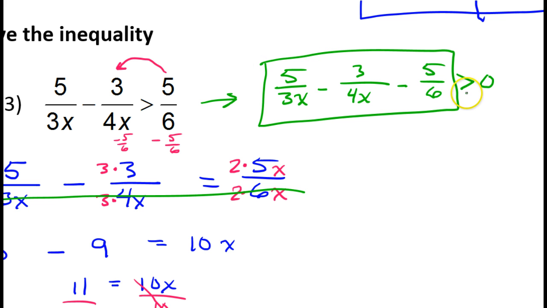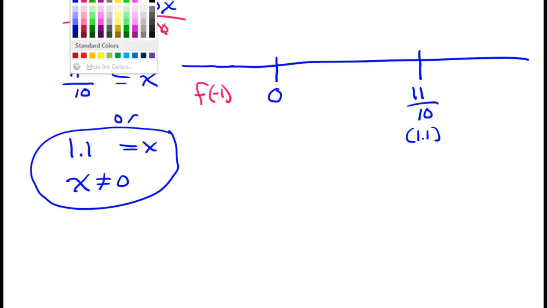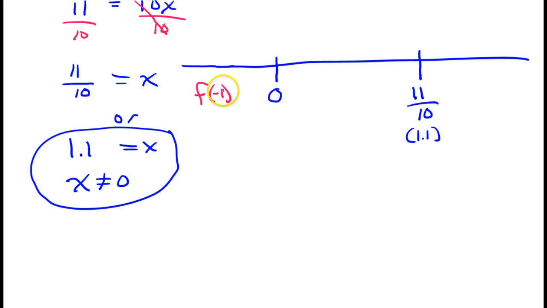All right, but I need to see, is it greater than 0? Where is it greater than 0? That's what we want. So I'm going to be testing to see, is it greater than 0 here? Now in here, I need something between 0 and 1.1. So I could just use the number 1.